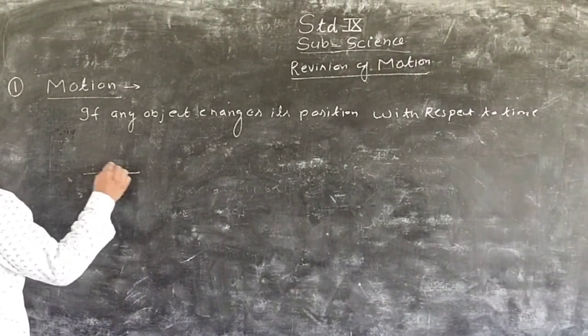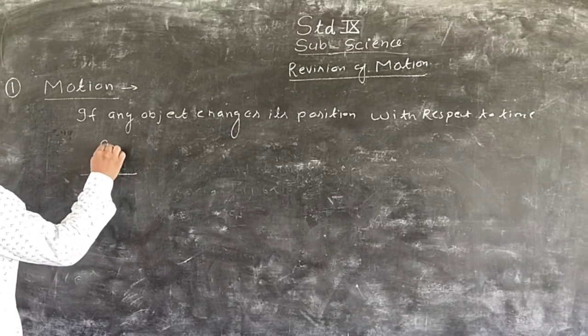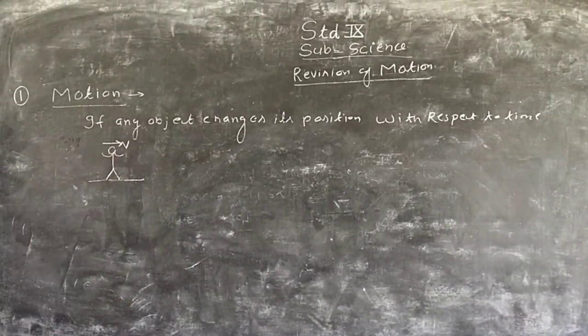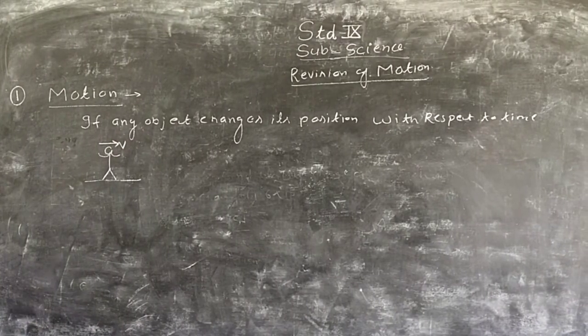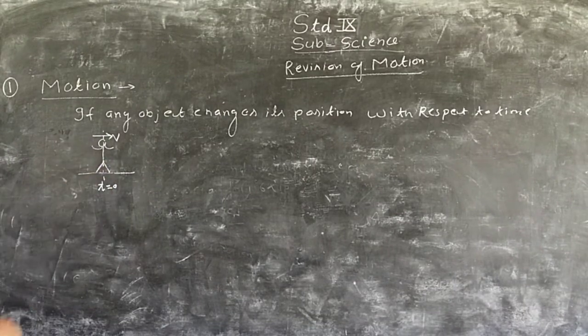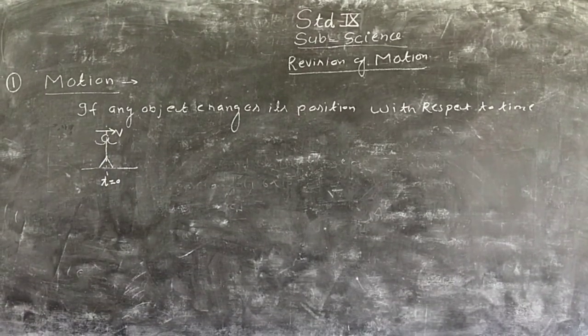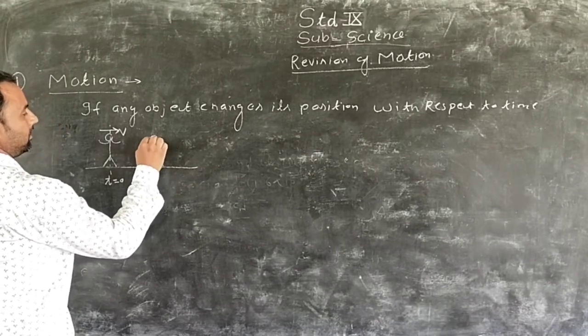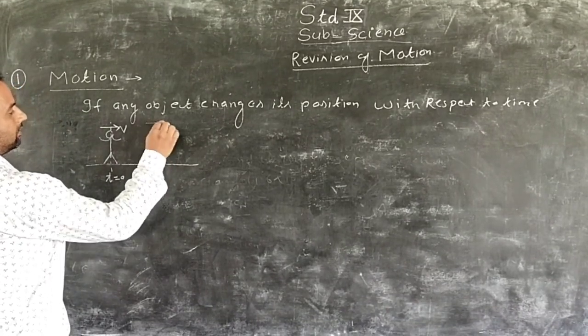It means, suppose we are simply standing here. If we are moving with some velocity, and at t equal to 0 we are placed here, then as time increases, suppose at t equal to 1 second, we are here.